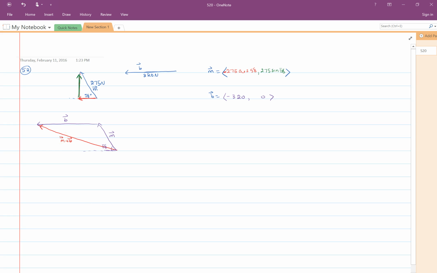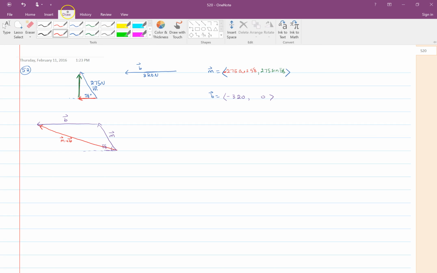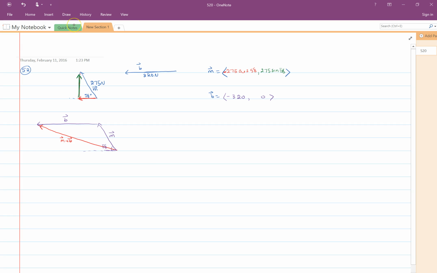All right? What we're going to do now is mathematically find the magnitude and the direction. So before on the worksheet, you were measuring the magnitude with a ruler and the direction with a protractor. You're not going to do that anymore. Okay? All right, so first let's simplify this.